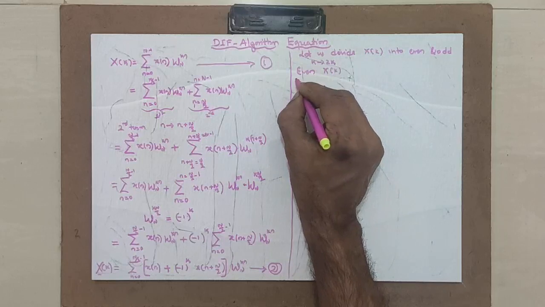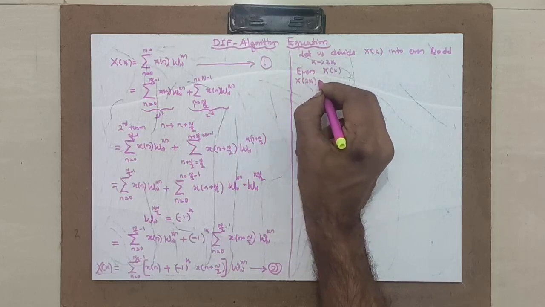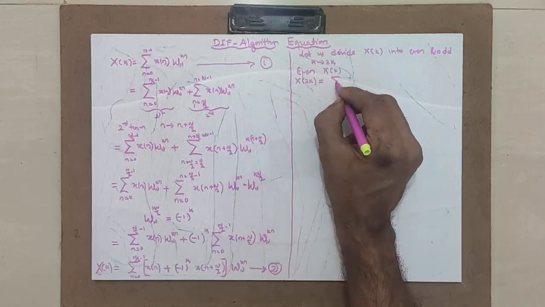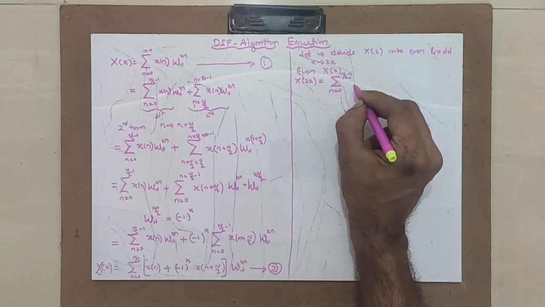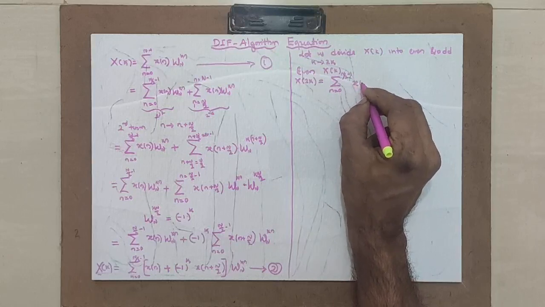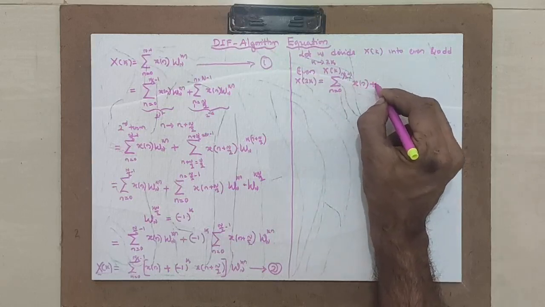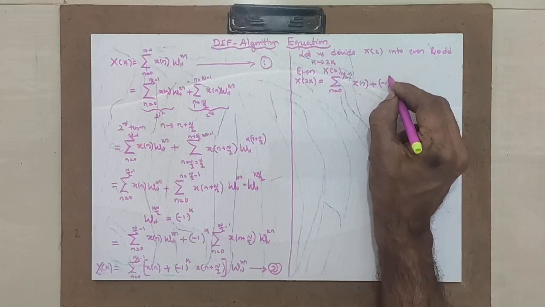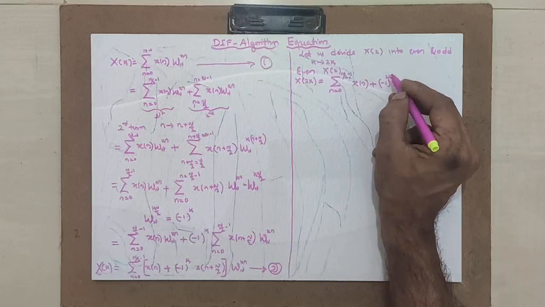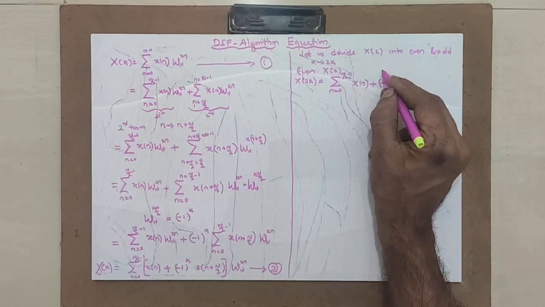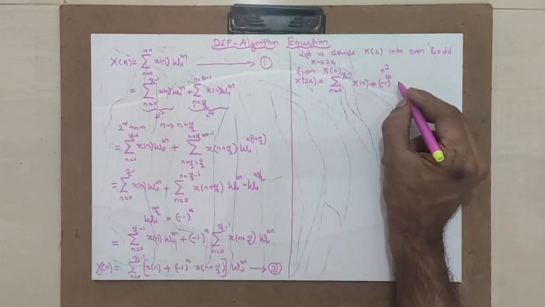How will I do that? X of 2k is equal to summation n is equal to 0 to N by 2 minus 1 of x of n plus minus 1 raised to k. But what is this with 2k? Because 2k means even, minus 1 raised to an even value is always 1. Hence this gives me the value 1.